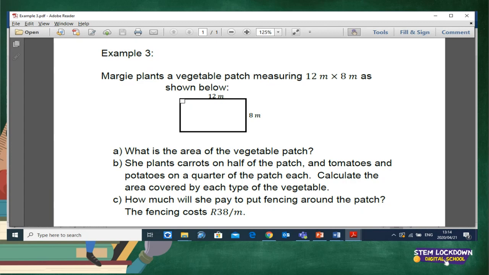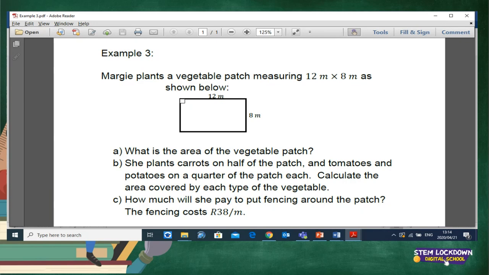The first one is half of the whole terrain there. And then you also have the quarter. So the other half is divided into 2. And she plants tomatoes and potatoes in the quarter, the second half, quarter each.